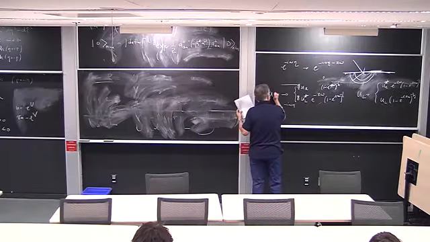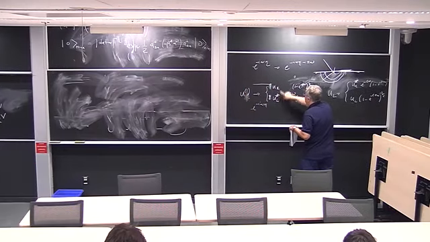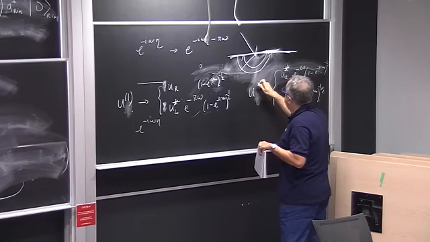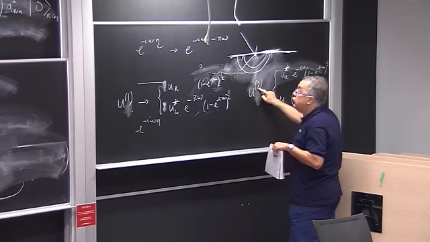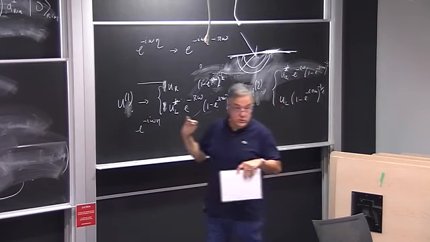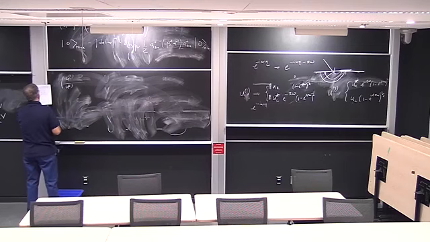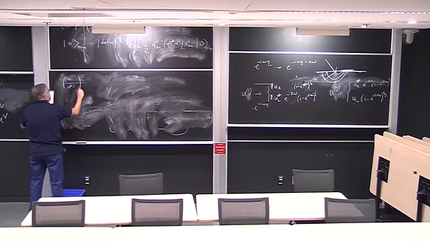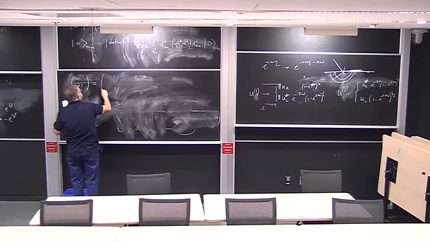Let me call this mode U1, not to make confusion with this left and right that are here, and this mode U2. These are Minkowskian modes, I mean positive energy modes. So U1, U2, let's write the upper part of the matrix.